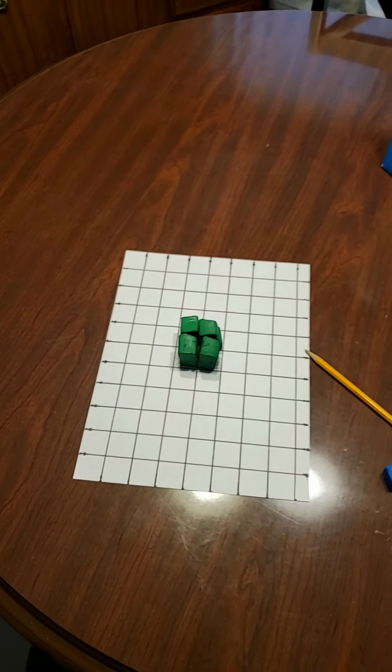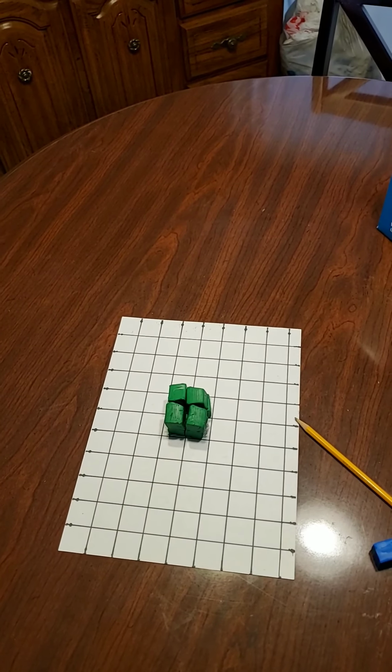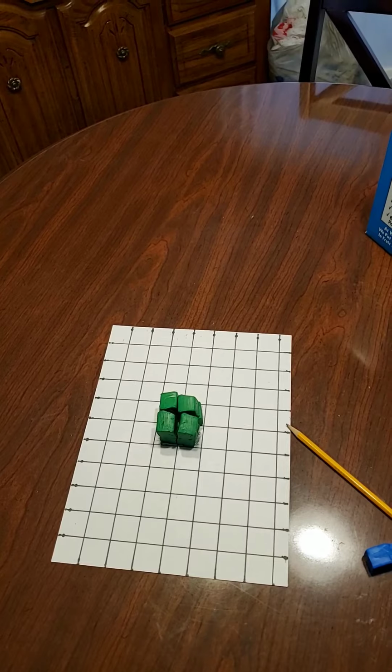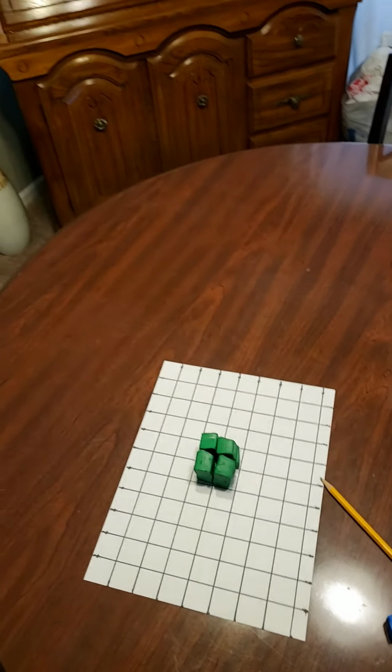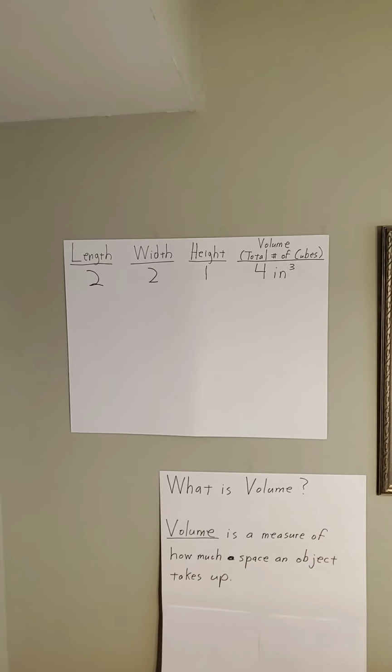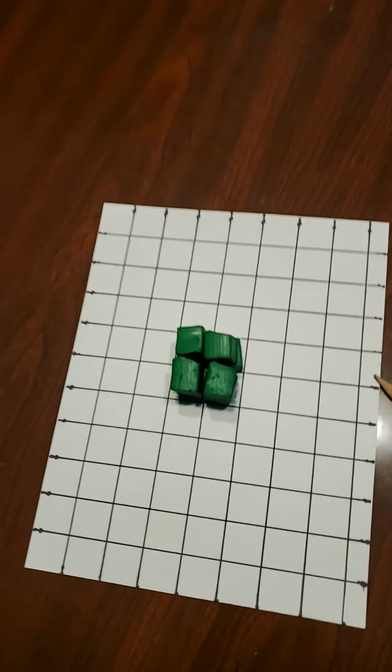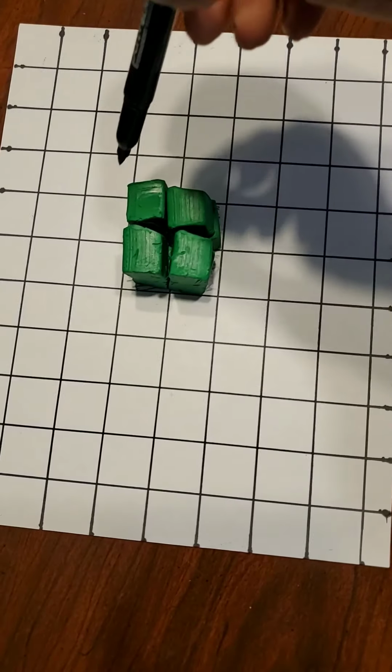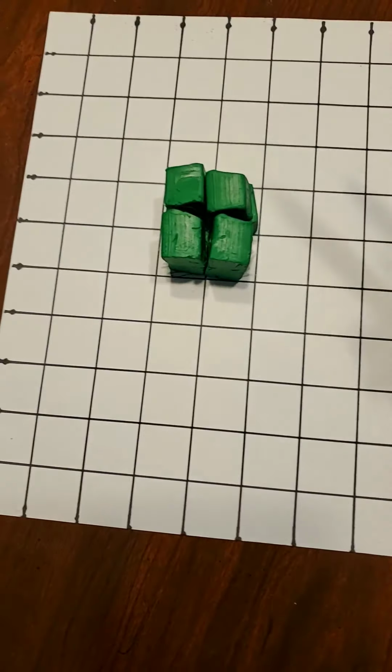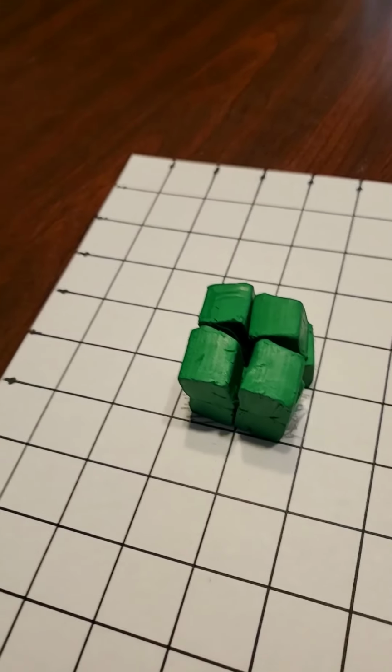Now, when you look at our house, what do you think the volume of our house is going to be? Well, let's go back and look at our chart. Let's go ahead and fill in our chart. So this is the length, this is the width, and from the bottom to the top is our height.